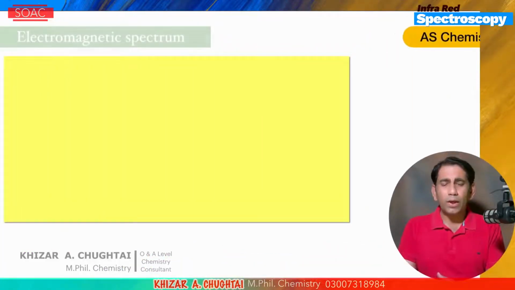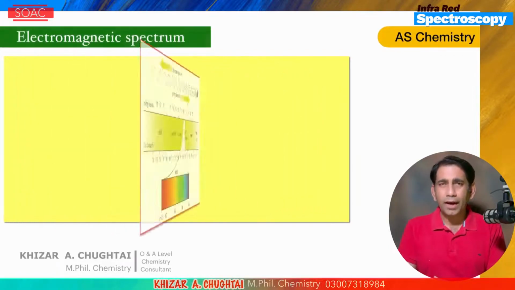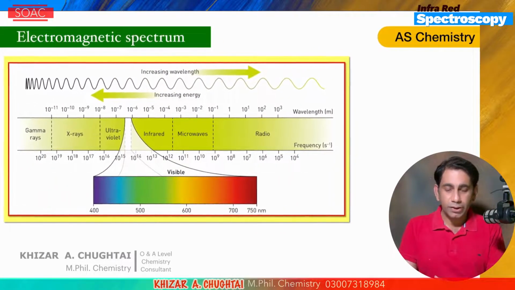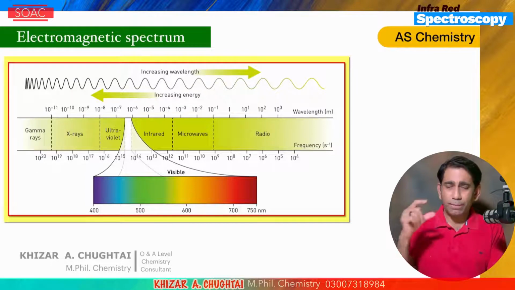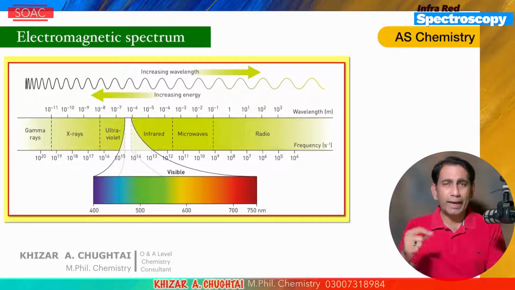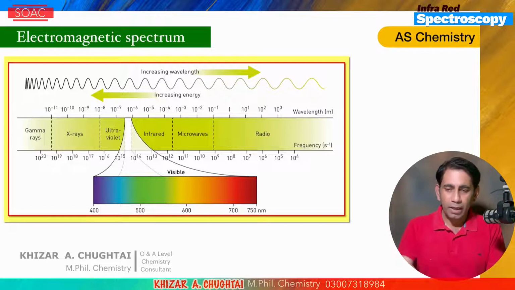First of all, what are IR radiations? IR means infrared radiations. Infrared radiations are part of the electromagnetic spectrum.